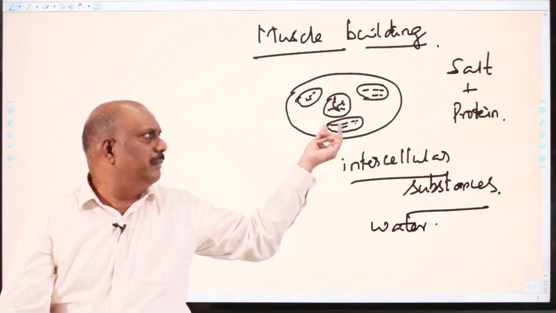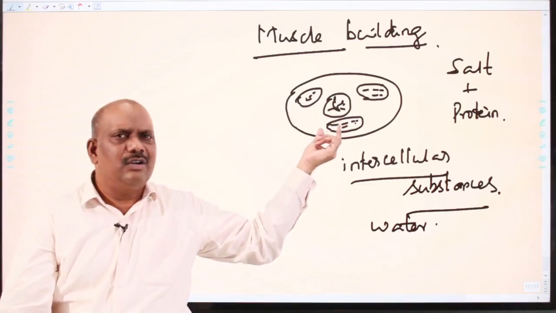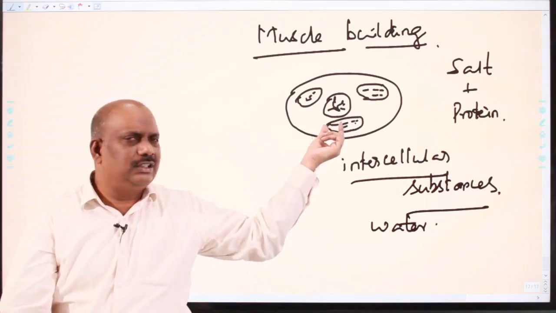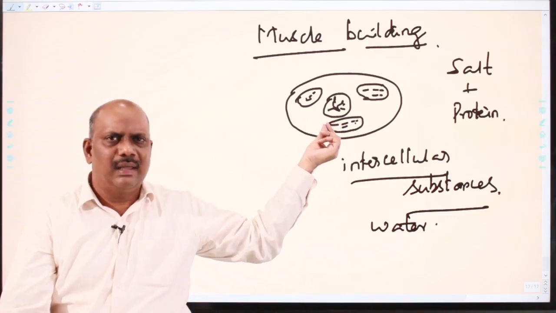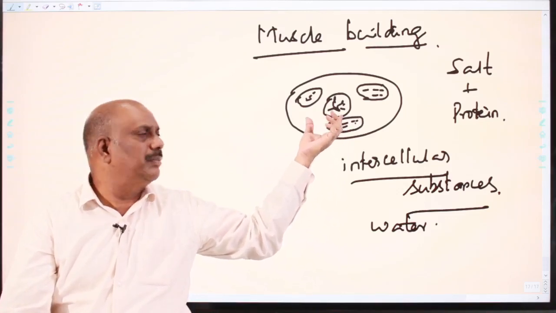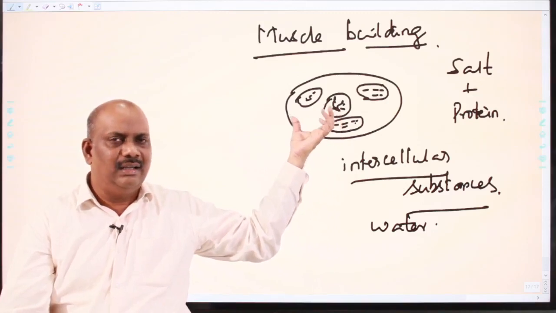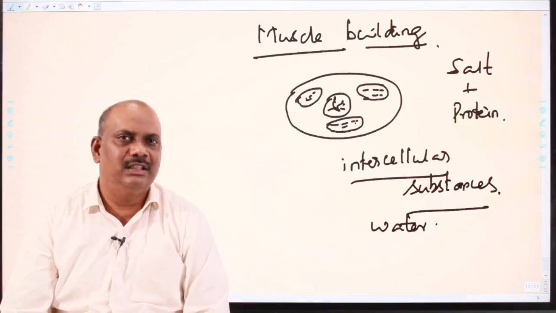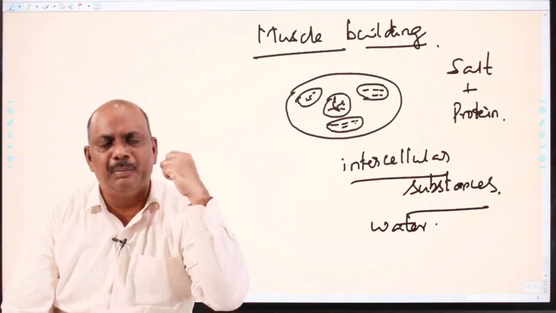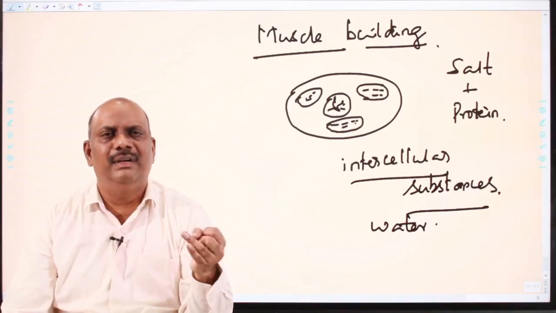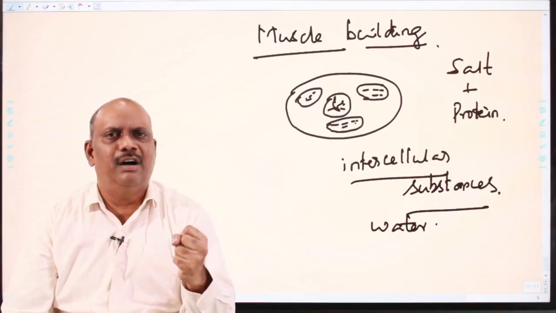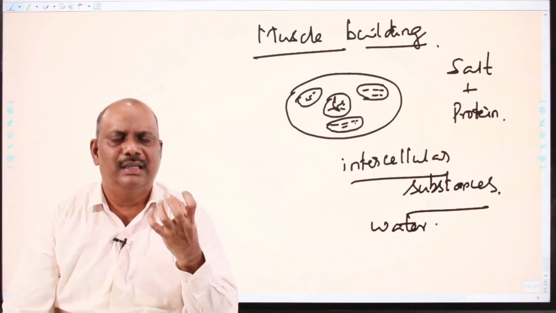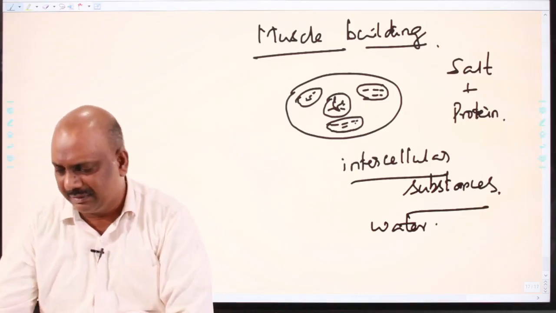As a result, these intercellular substances start decreasing, the cytoplasm grows and it gives a lot of strength. This results in muscle building: with the incorporation of proteins and salt, and the disappearance of intercellular substances like water, the cells become stronger.